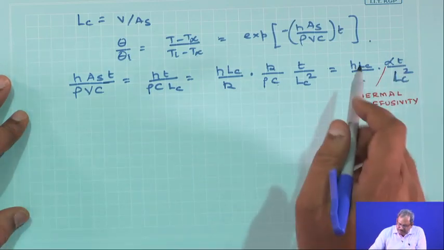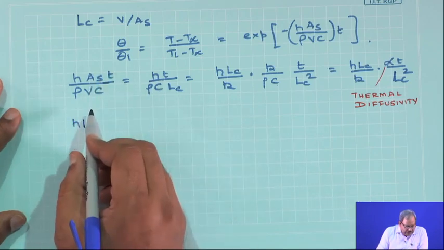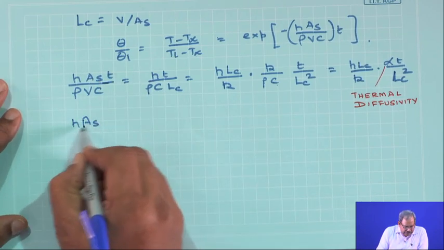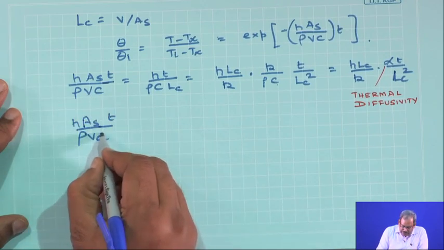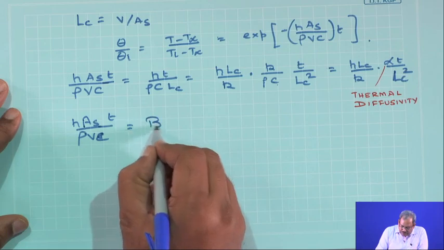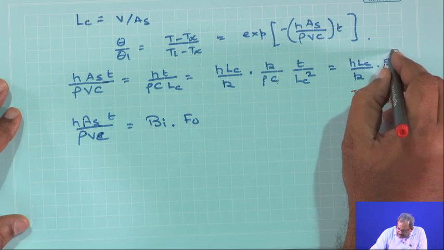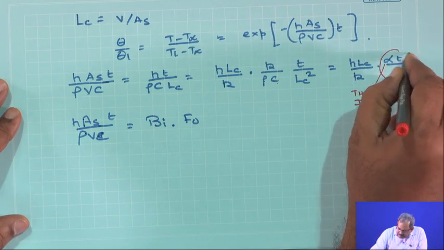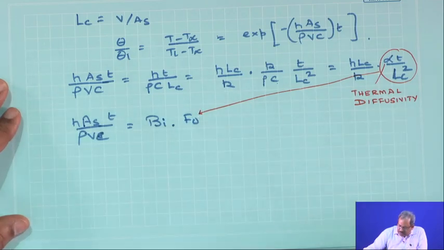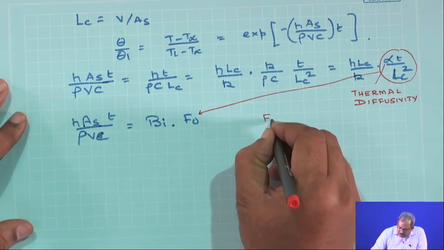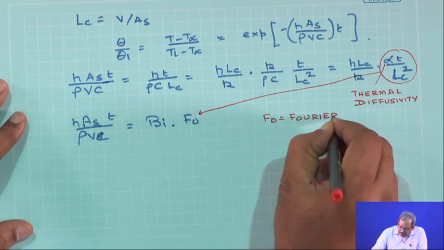Therefore, H A S T by rho V C, this whole thing, is equal to the Biot number times F O. This entire thing is dimensionless, and this is what is expressed by F O, where F O is the short form of the Fourier number.